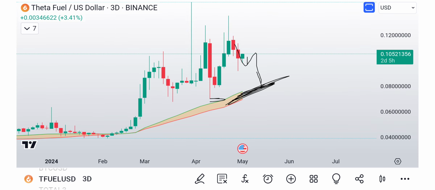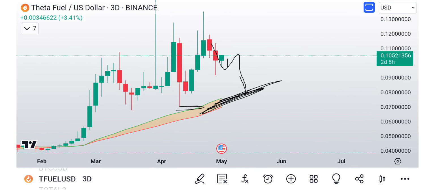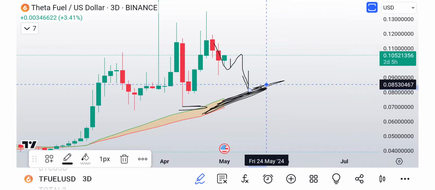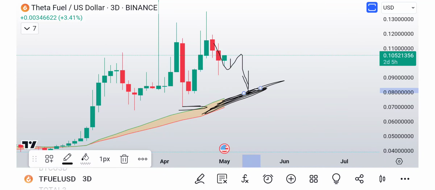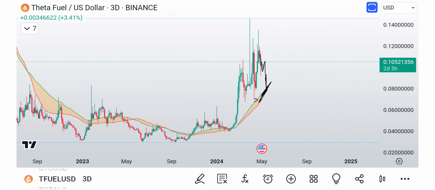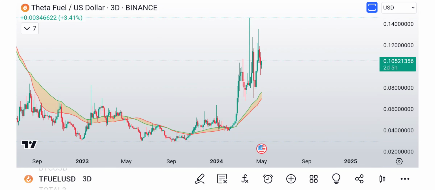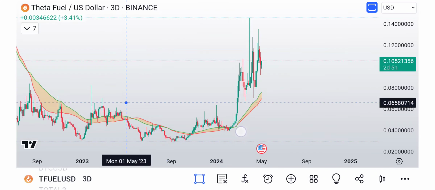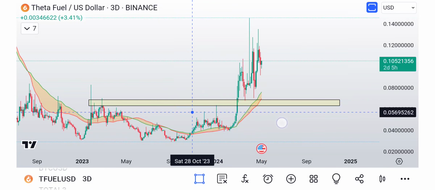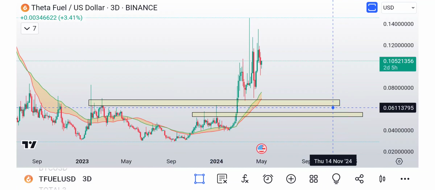So I think we have a good chance, if Bitcoin does come down, we can also come down and hit this area here and the bull market support band before going higher. Now, worst case scenario for Theta Fuel, in the event Bitcoin decides to plummet, would be this area here, which we already tagged, by the way, or this area down in here.